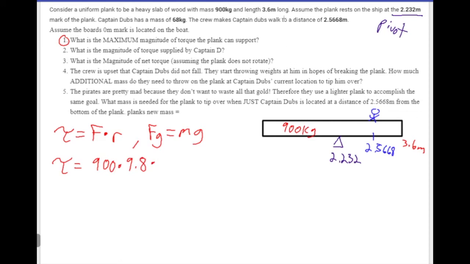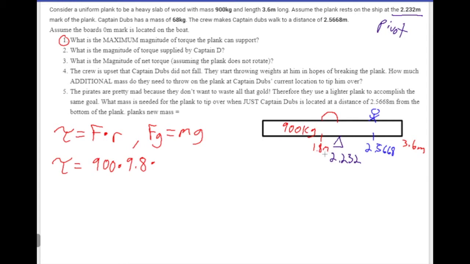Well, it's a uniform plank of length 3.6 meters, meaning that its center of mass is going to be somewhere around the 1.8 meter mark. R is not the radius, so it's not going to be the radius of the board or the length of the board. R is the distance of separation. So R is going to be our pivot point minus where the center of mass is located.